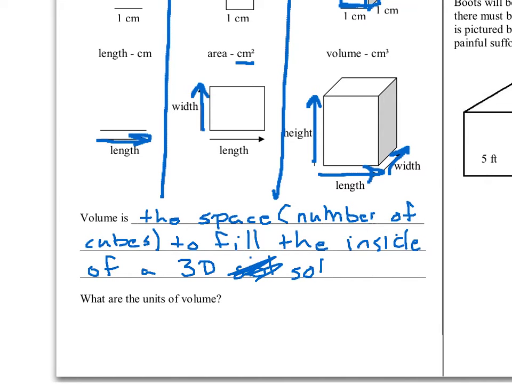3D solid. All right. So what are the units of volume? How do we measure the units of volume? Joel?